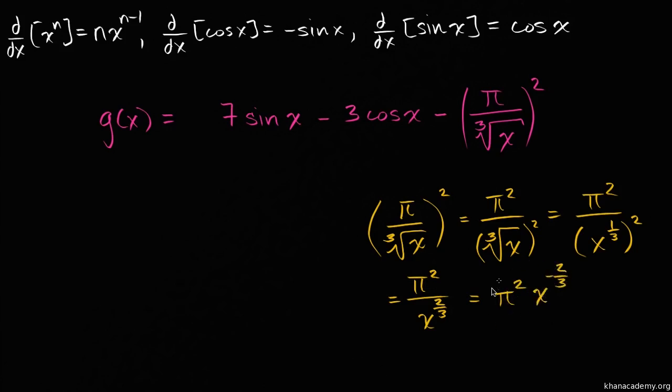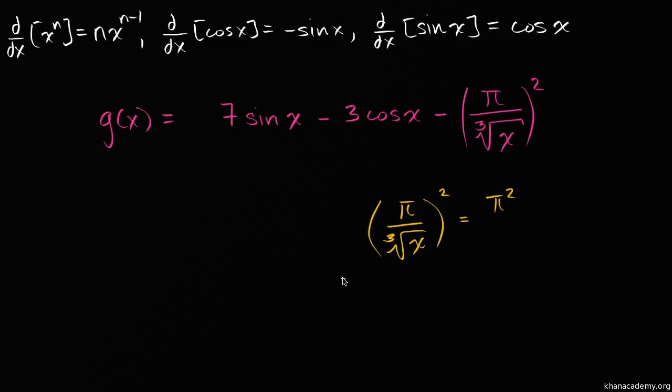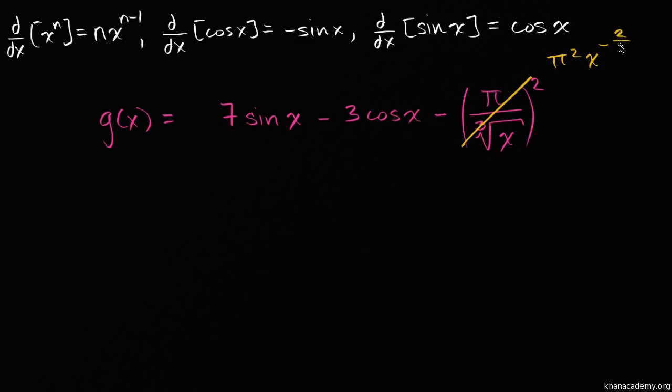So when you write it like this, it starts to get into a form where you're like, oh, I can see how the power rule could apply there. So this thing is just pi squared times x to the negative 2/3 power. So actually, let me delete this. This thing can be rewritten as pi squared times x to the negative 2/3 power.